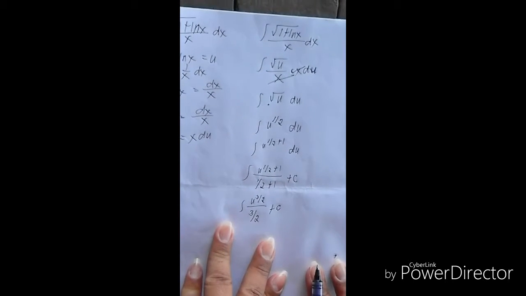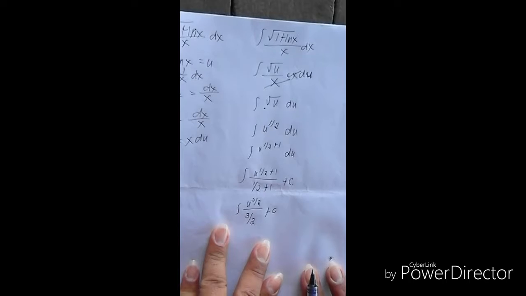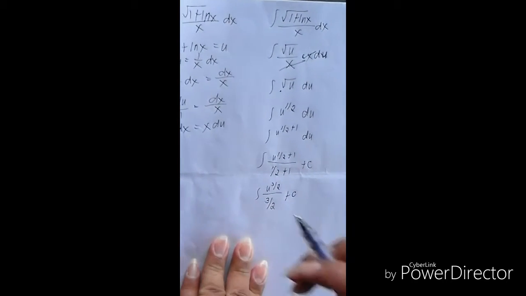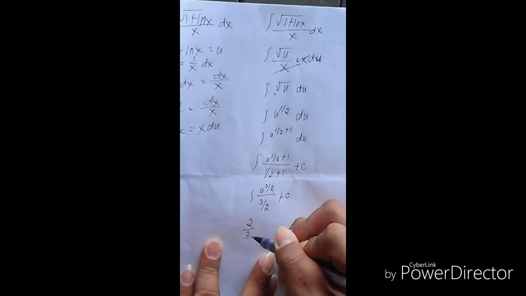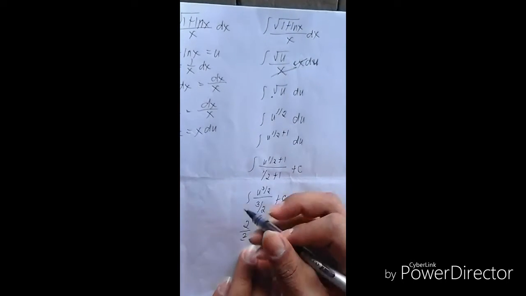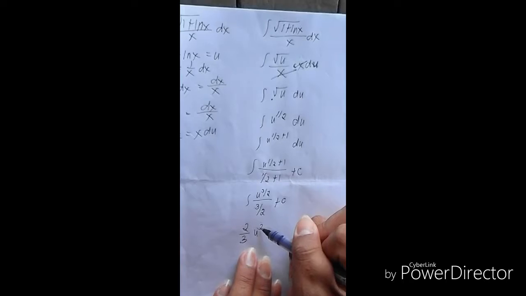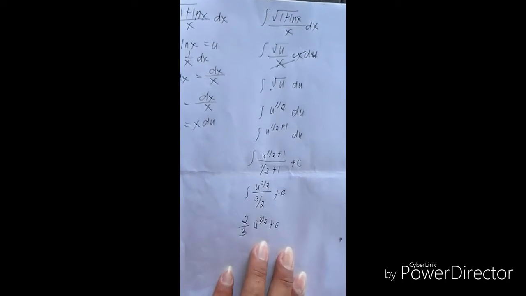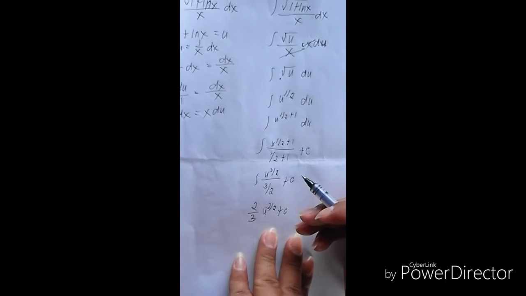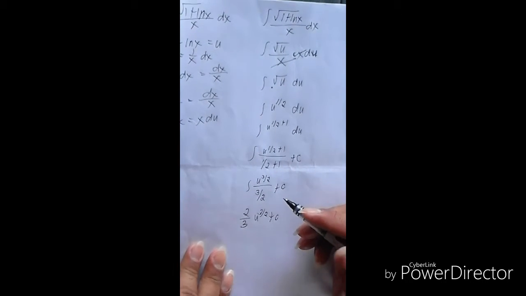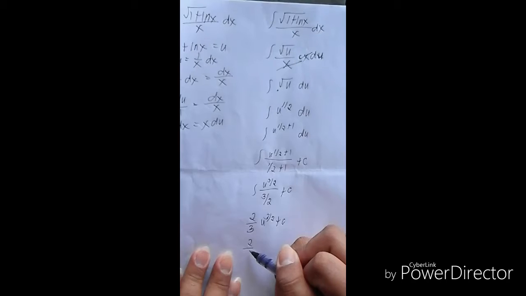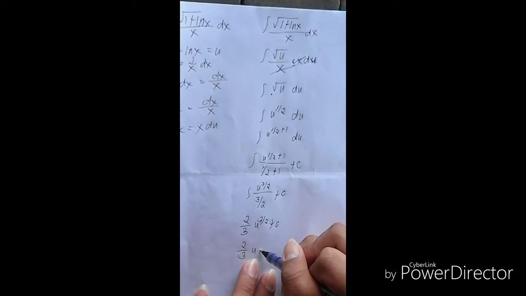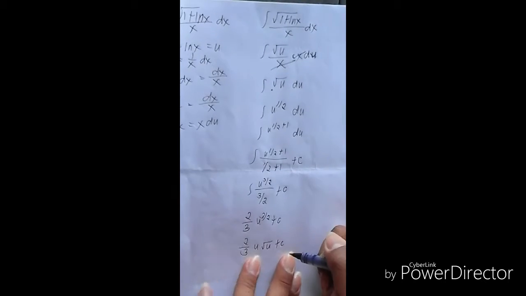After that, we divide u raised to 3 over 2 by 3 over 2, and the answer is 2/3 u raised to 3 over 2 plus c. We can write this equation as 2 over 3 u square root of u plus c.